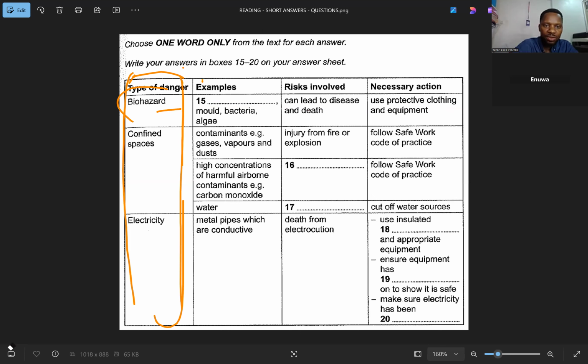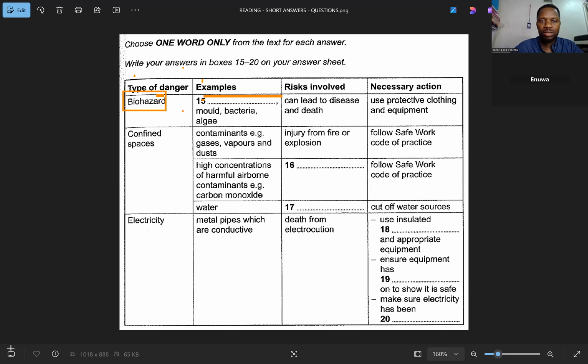Okay, let me make it easier for us. Right. So first thing first, read this one here. So when you are done, when you read biohazards, you quickly go to the question that you're supposed to treat.